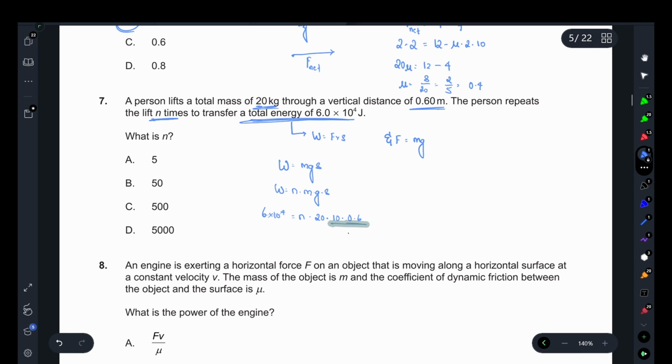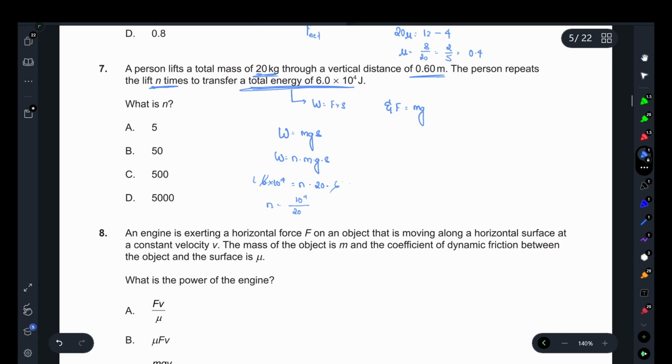So let's cancel these two, make it 6. And let's cancel these two, make it 1. So n is equal to 10 power 4 whole divided by 20. This essentially means you have 1 by 2 into 10 power 3, which is equal to 500 times. So question number 7, option C is the correct answer.